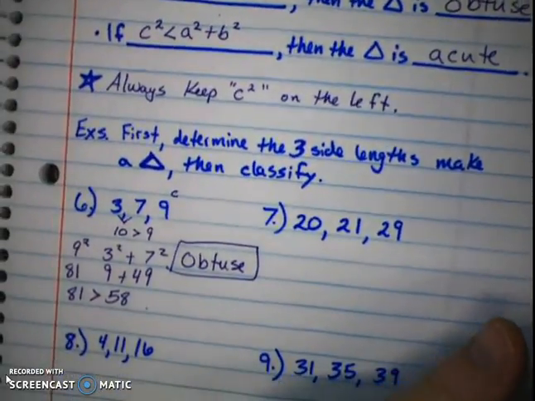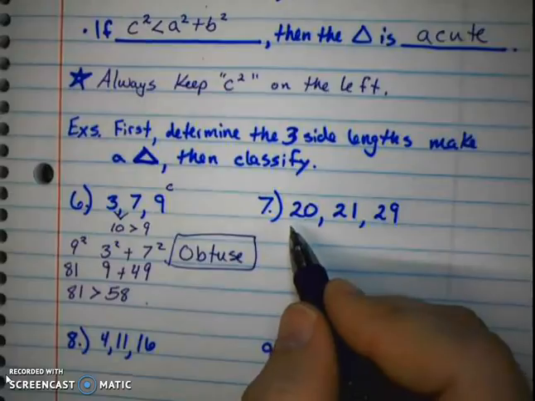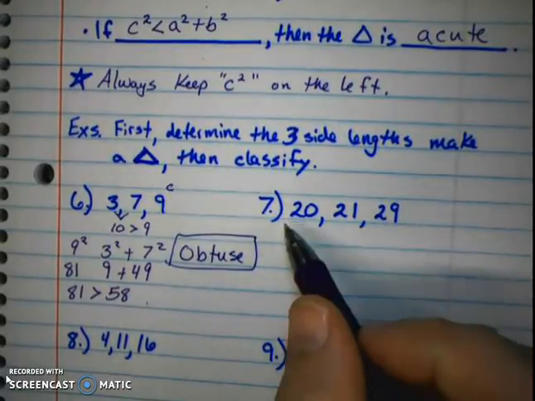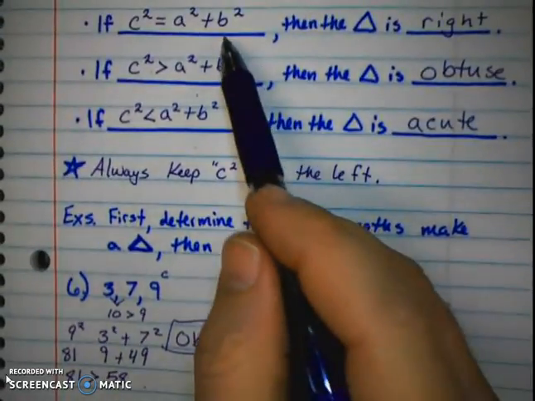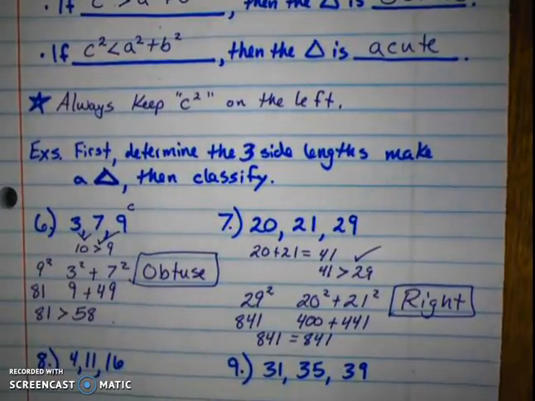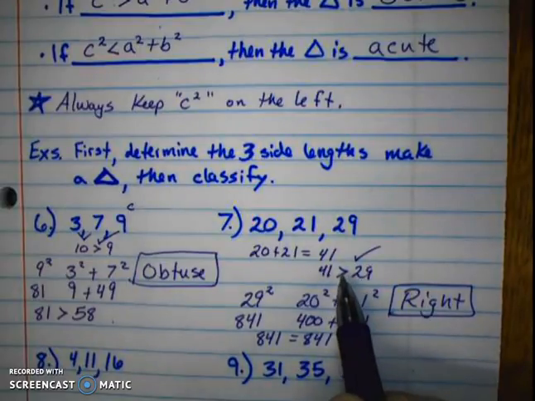Okay, I want you to try number 7. Okay, first check and see if it is a triangle. See if the two smaller ones add up to more than the third one, and it does. And then classify it based on these criteria. Okay, 20 plus 21 is 41, which is greater than 29, so this is a triangle.